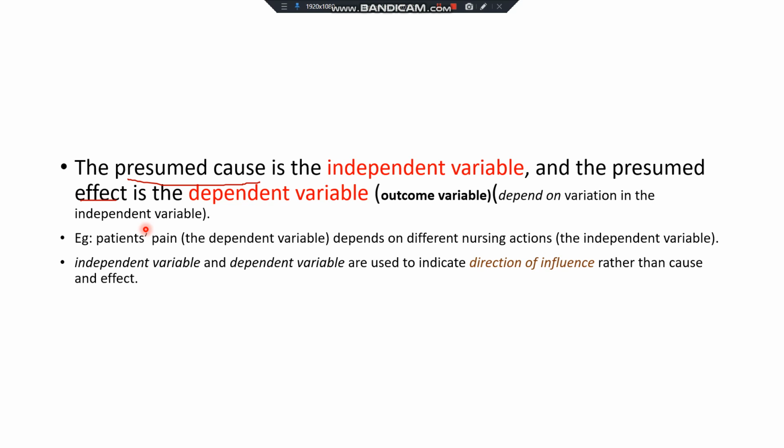We can say it like this: some persons have the habit of smoking. Because of smoking, what effect will happen, that is the dependent variable, and here smoking is the independent variable. Otherwise, we can take another example. Now we are under the pandemic. The independent variable is that we are not using a mask properly, and then we study, if you don't wear the mask, what will happen, what is the result or the effect.